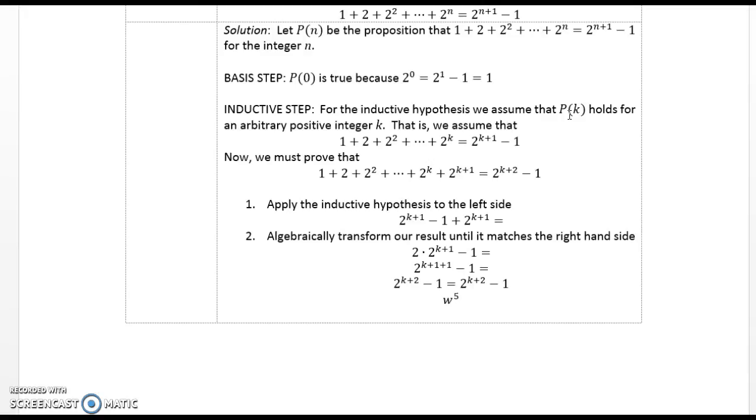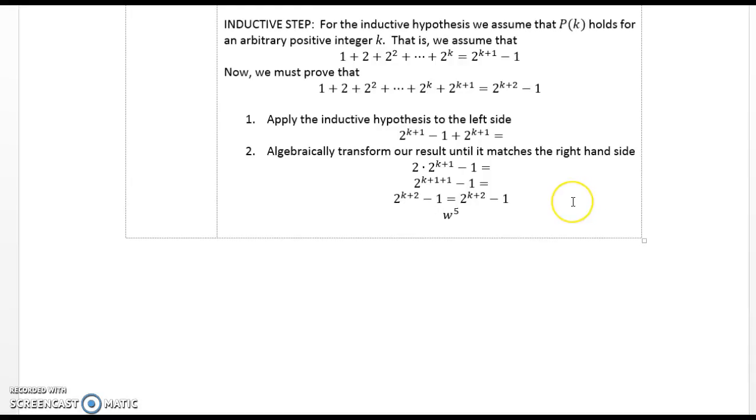Basis step. This time, we're using P of 0 rather than P of 1, which is also permitted. P of 0 is true because 2 to the 0 power, which is 1, is equal to 2 to the 1 power minus 1, which is 1.